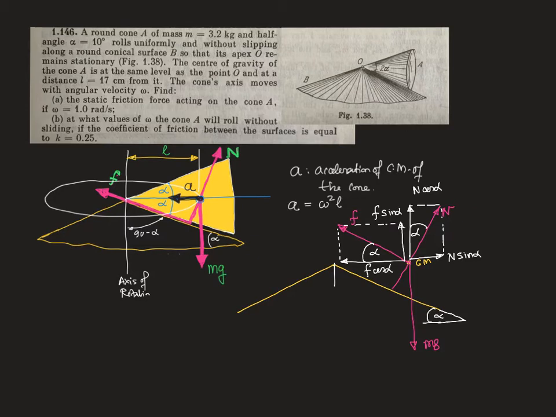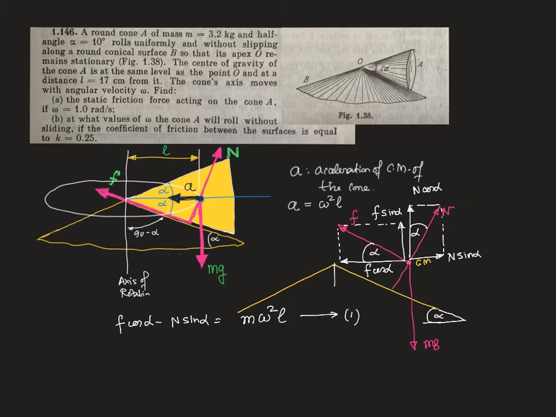So we can write F cos alpha minus N sine alpha is equal to m into a, that is, acceleration of the center of mass of the cone, omega square L. Let it be equation 1.